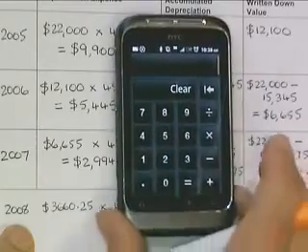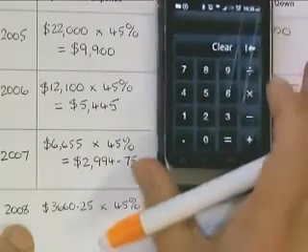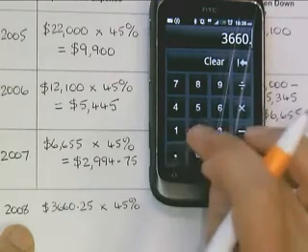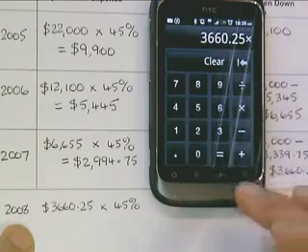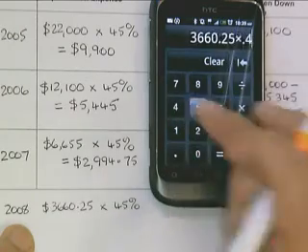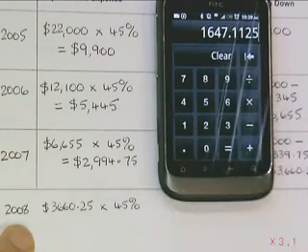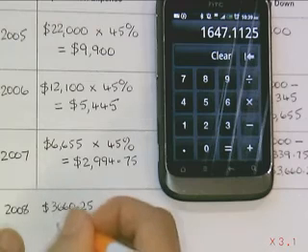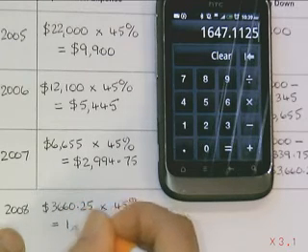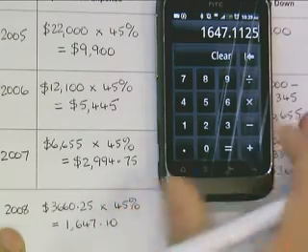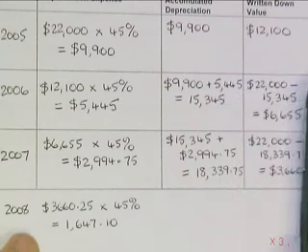When we do that, we're going to get $1,647, and we'll round it off to 0.10. So that's our depreciation expense.